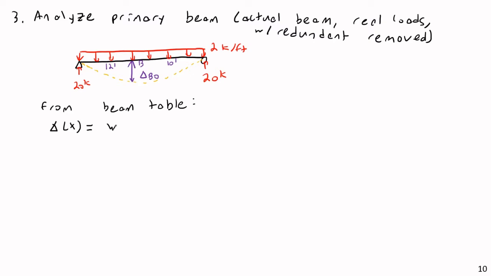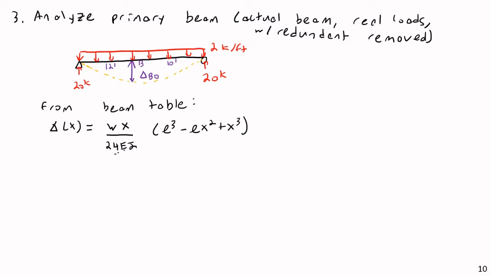So I found that for a beam like this, a uniform load, simply supported beam, looking for a deflection somewhere other than the center, you can use the formula: delta as a function of x equals w x over 24 EI times L to the third minus 2 L x squared plus x to the third, where L is the length of the beam and x is the location where you want to know the deflection. Okay?